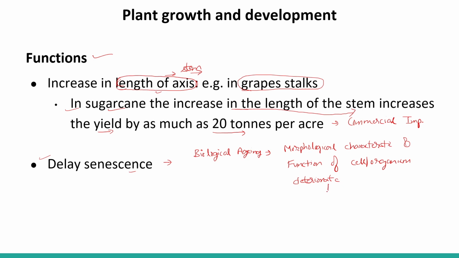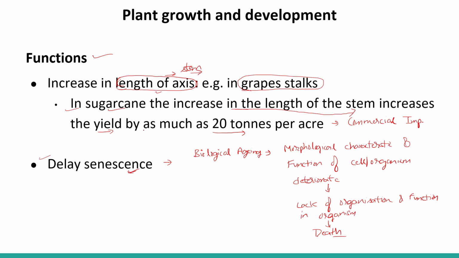Ultimately this leads to a lack of organization and function in the organism, and senescence, which is inevitable, finally leads to the death of the organism. So gibberellins delay senescence.